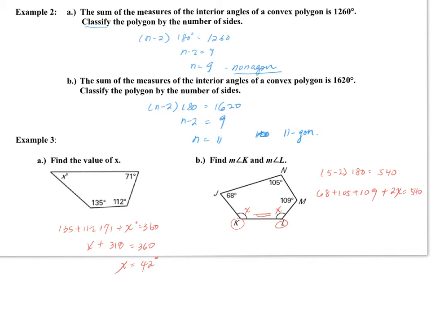And then we can have 2x equal to 258, and x equals 129. This would be your answer for measure angle K and measure angle L.